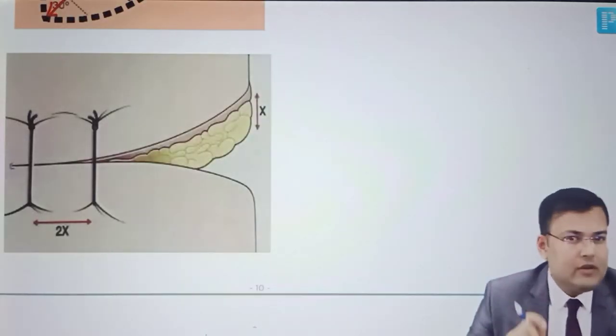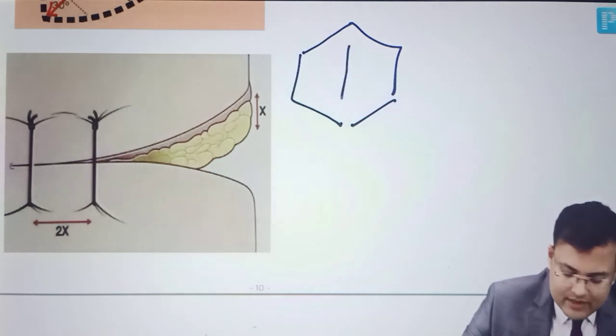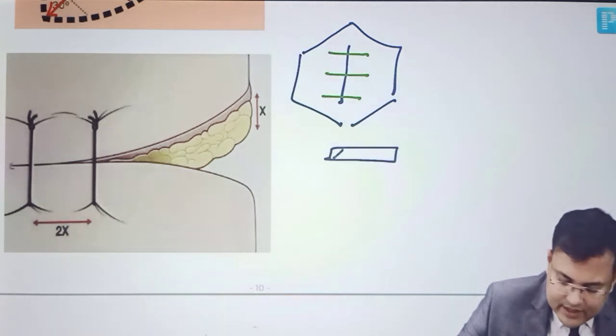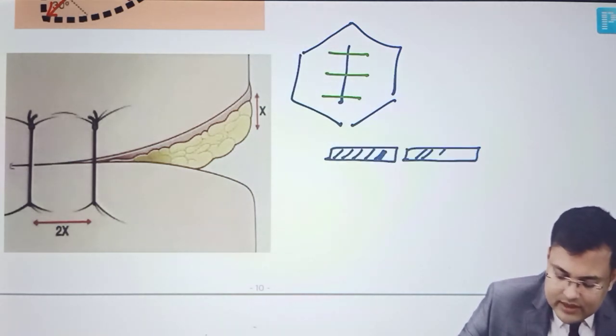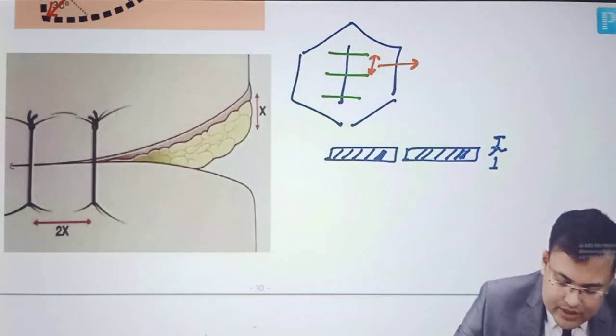Now see, whenever we are going for skin suturing, imagine that you are doing skin suturing after laparotomy, and these are the sutures which are being applied. Can you see? And this is the thickness of skin. If the skin thickness is x, what should be the distance between the sutures? Yes, it should be 2x.